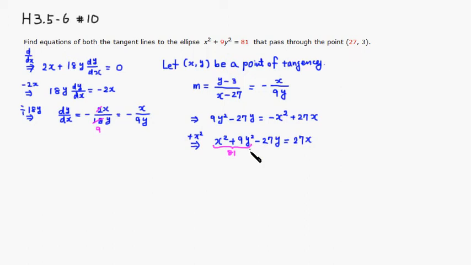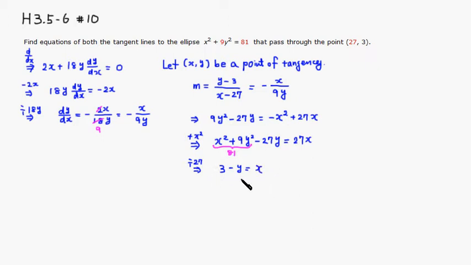Everything seems to have a factor of 27, so I'm going to divide through by 27. 81 divided by 27 is 3, negative 27y divided by 27 is negative y, and 27x divided by 27 is x.